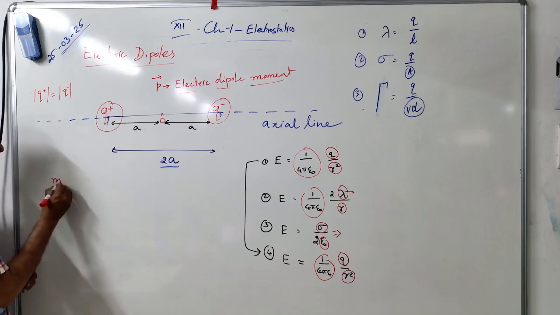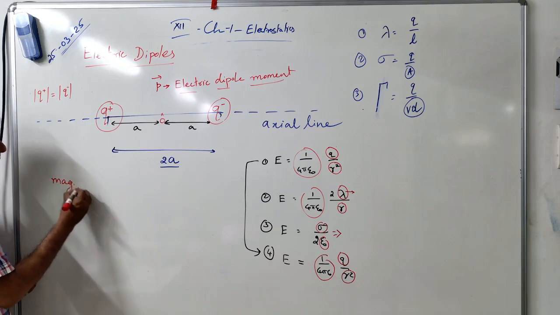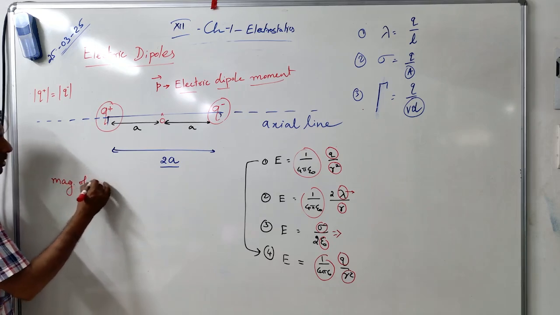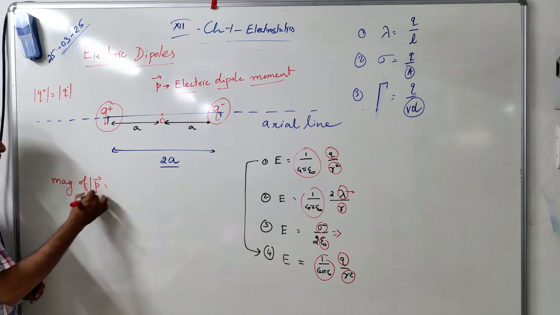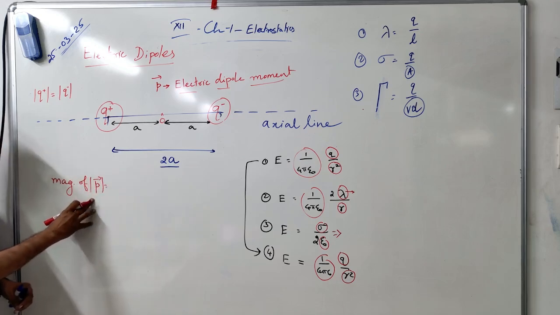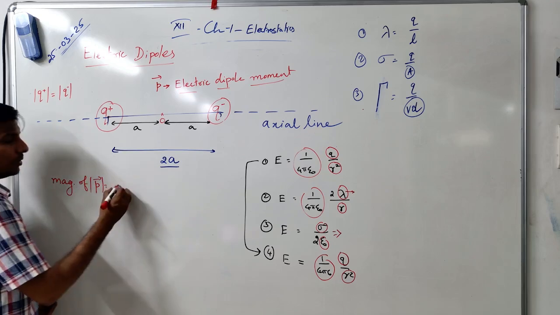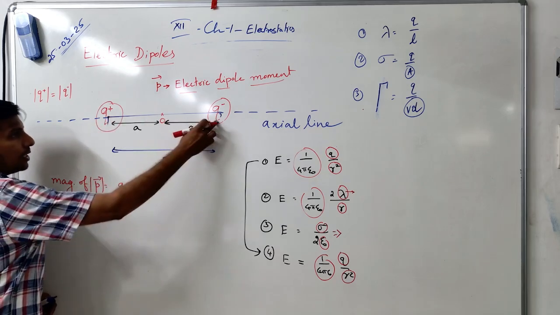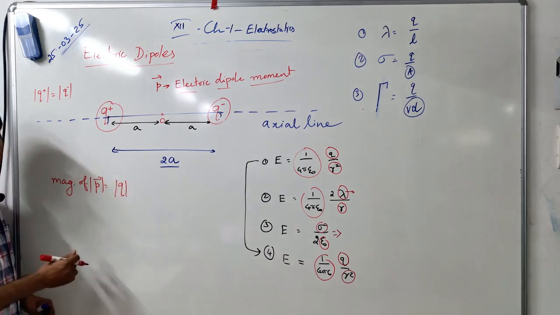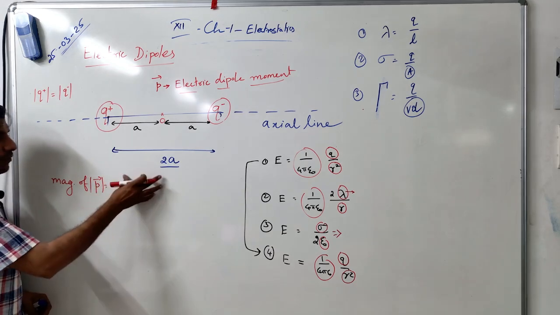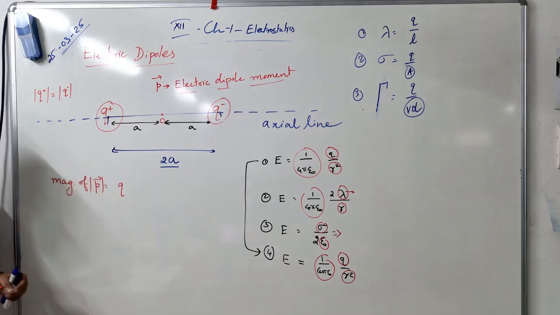So the magnitude of the dipole moment vector, modulus of P vector, is equal to the strength of one of the two charges, that is modulus of the charge. So I'm just writing this as Q without the plus and minus sign.